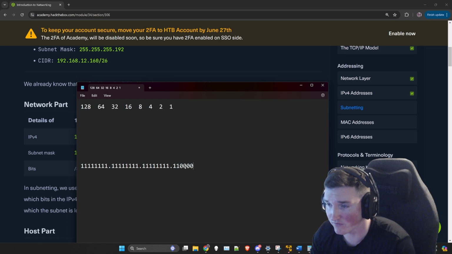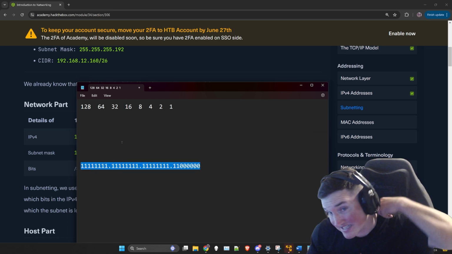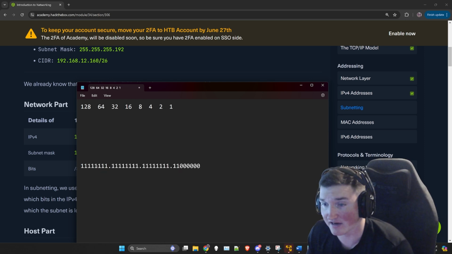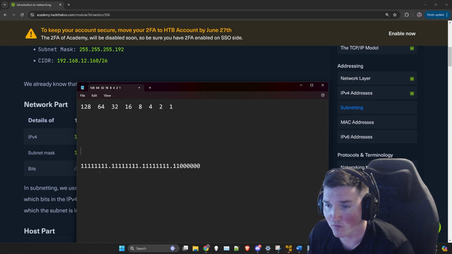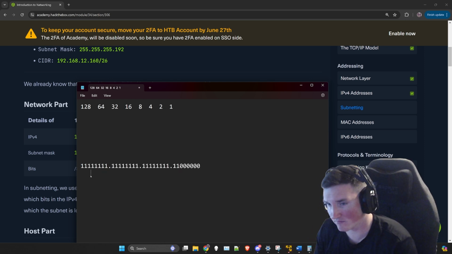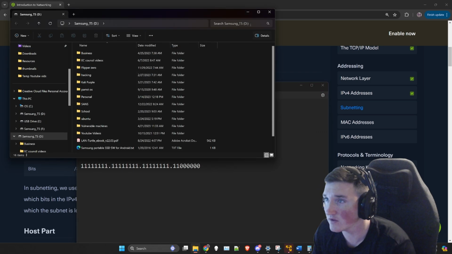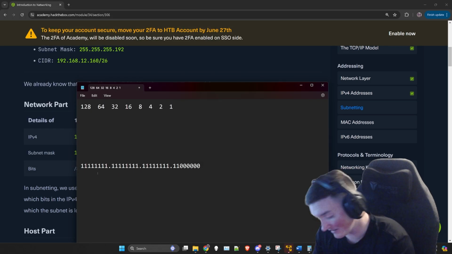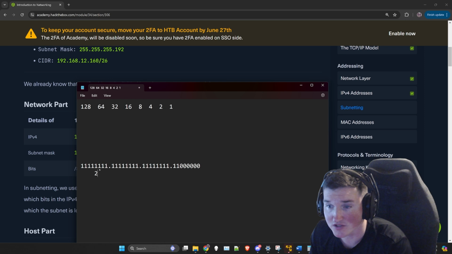Now 1, 2, 3, 4, 5, 6. So this would be our subnet mask in binary because we know it's a /26. There are 26 ones. Well, we know that all ones is 255, 255, 255.